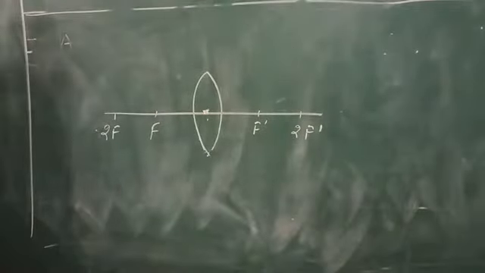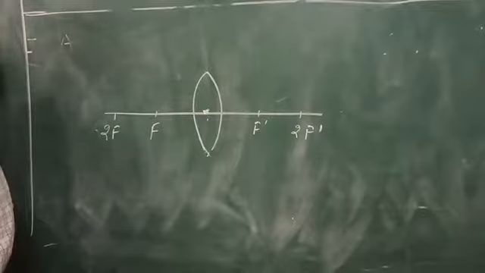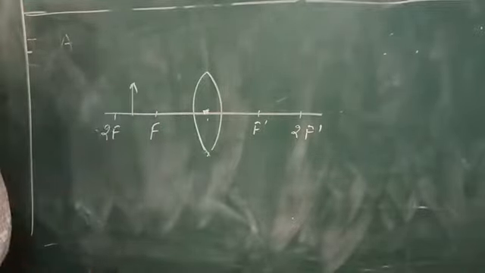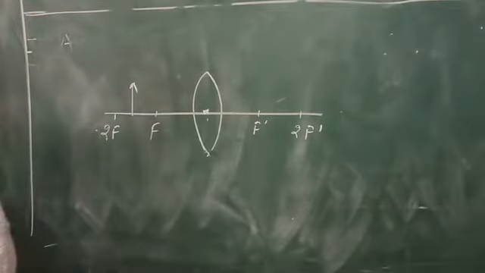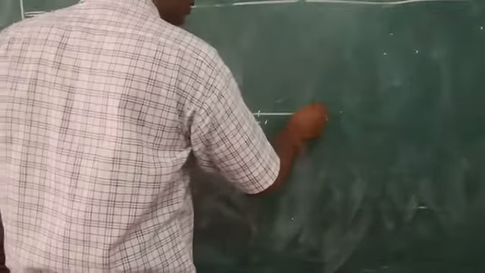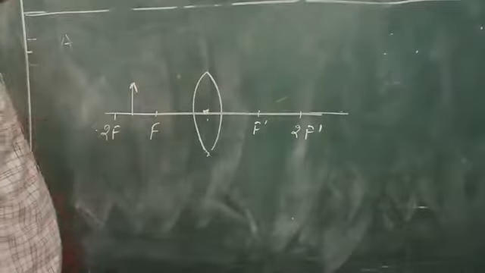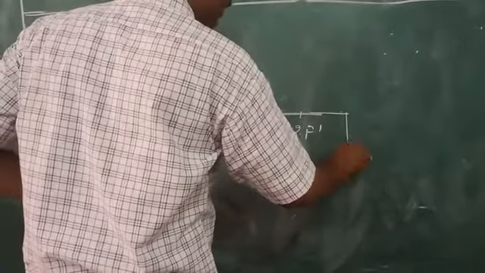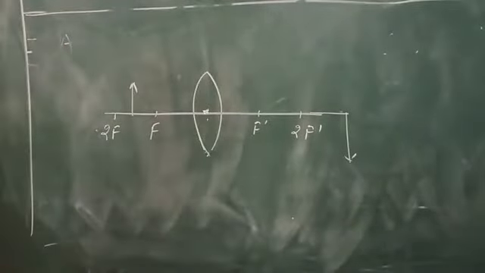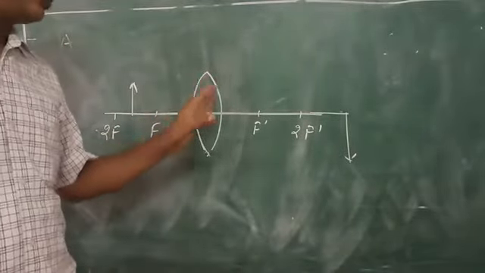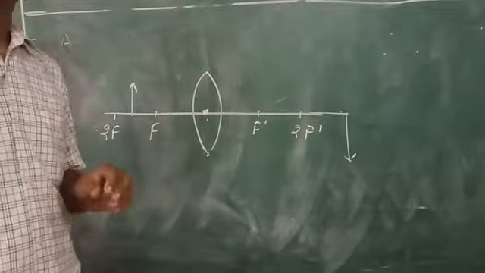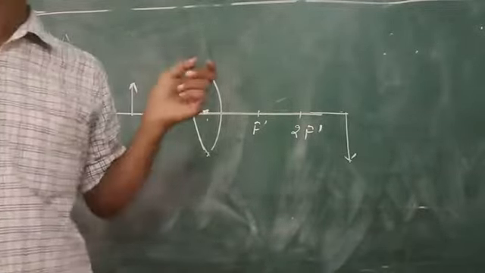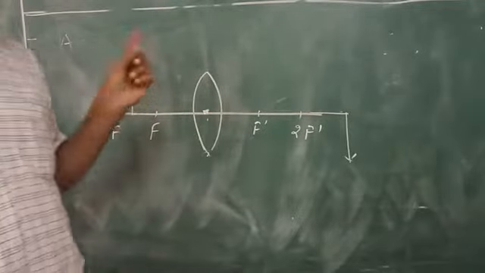So now when an object is between F and 2F, then the image is formed beyond 2F on the other side of the lens, larger than the object, real and inverted. Real and inverted because it is formed so it can be obtained on the screen.